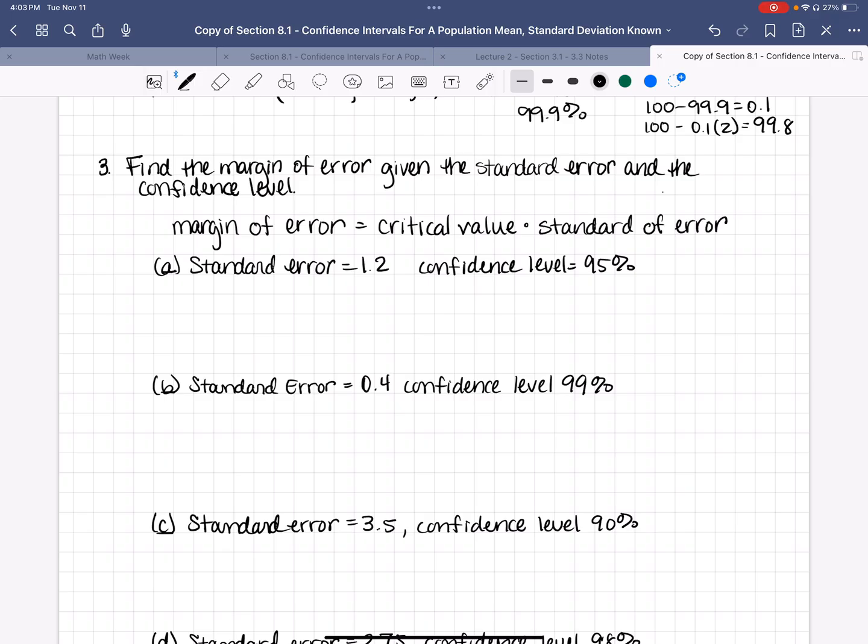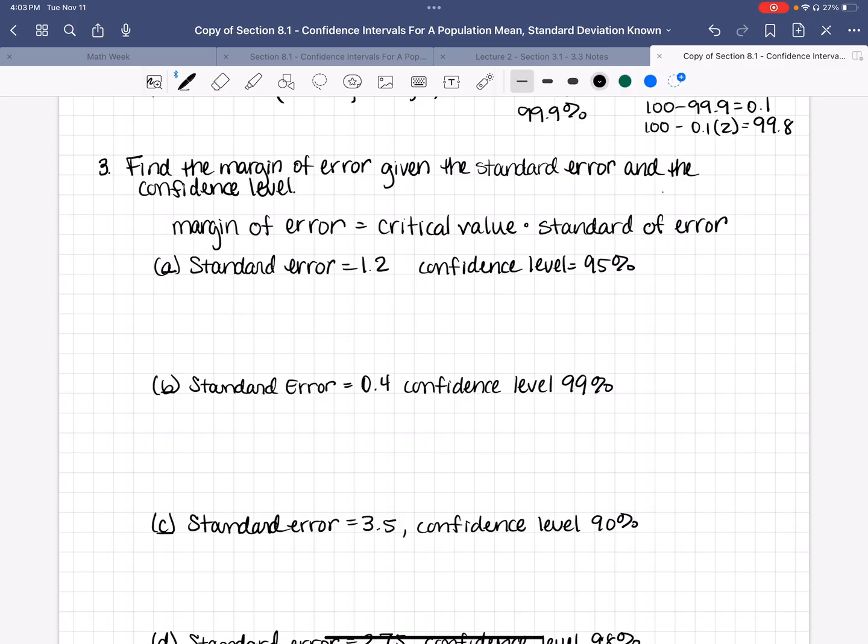Okay, so I'm just going to call it ME. My margin of error here is going to be, let's see, we have a confidence level, but in order to find that margin of error, what do I need first? I got to find a critical value.